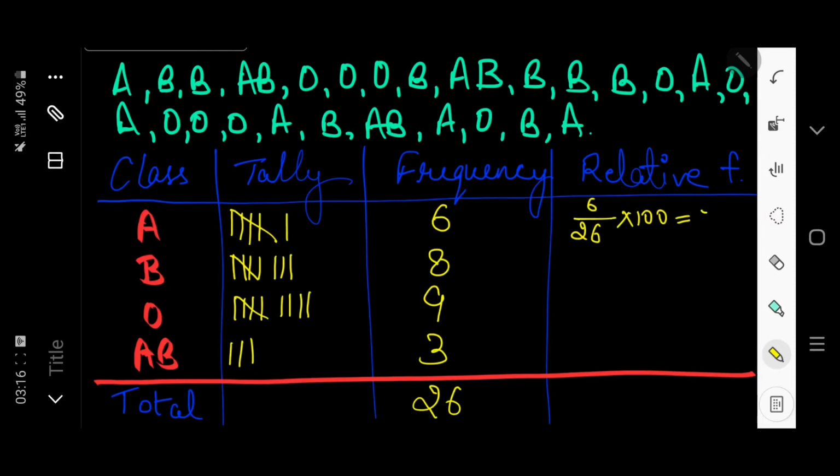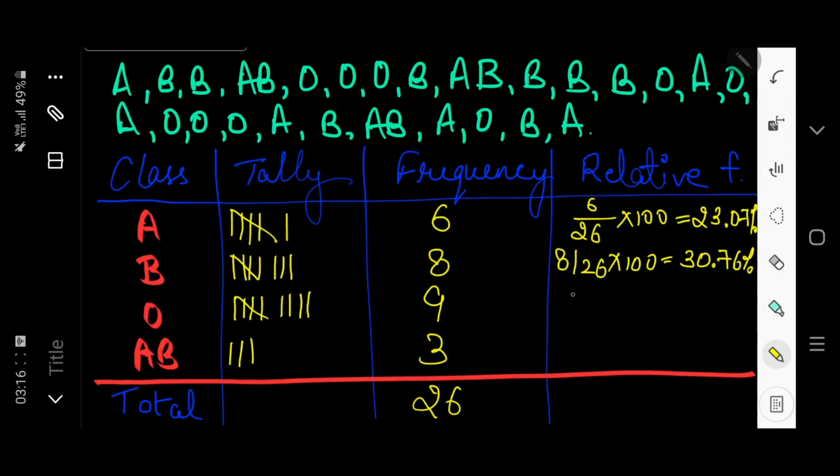So it will be 23.07%. Similar way we can also write 8 by 26 multiplied by 100, which is 30.76%.